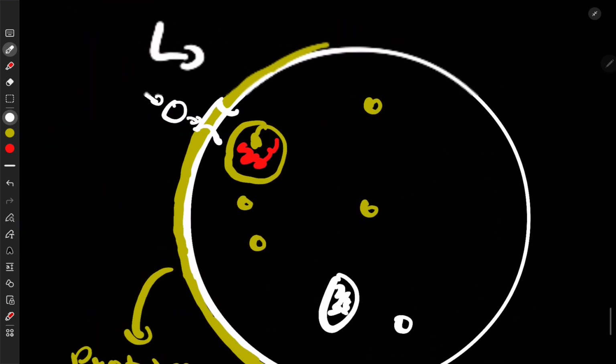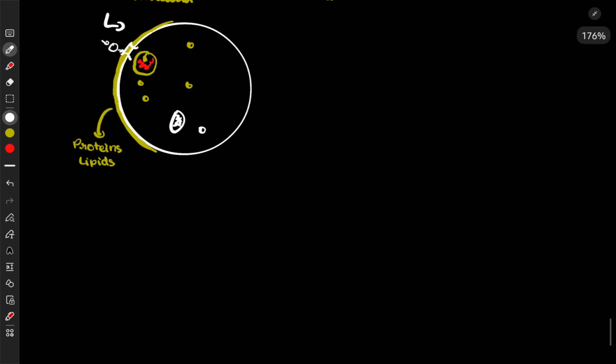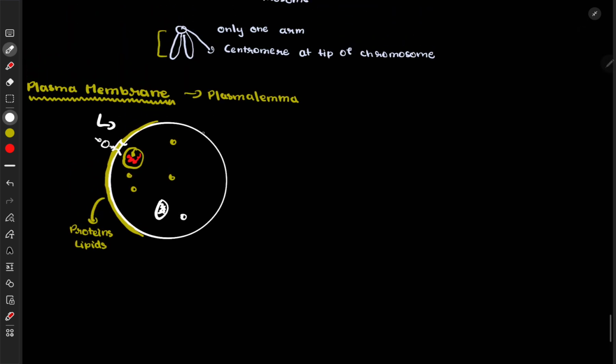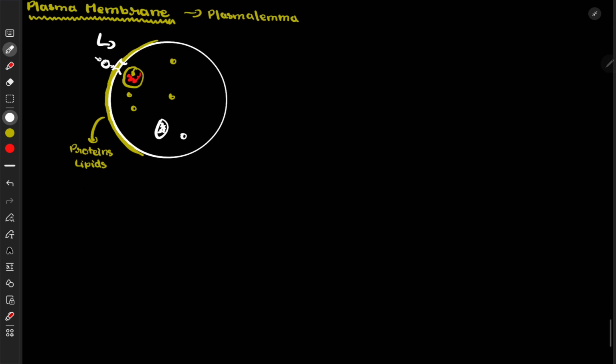Fine. Now there are several ways by which this molecule can go inside the cell. Now let's say you have more molecules of water, H2O, and here you have one molecule of H2O.